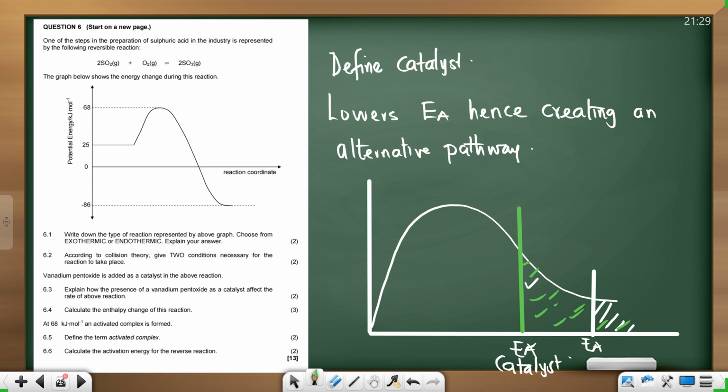This is how the Maxwell-Boltzmann distribution curve is represented. This is the amount of particles, and this is kinetic energy. I hope you know how to read that graph, guys. I hope we're not seeing it for the first time. Are we okay?